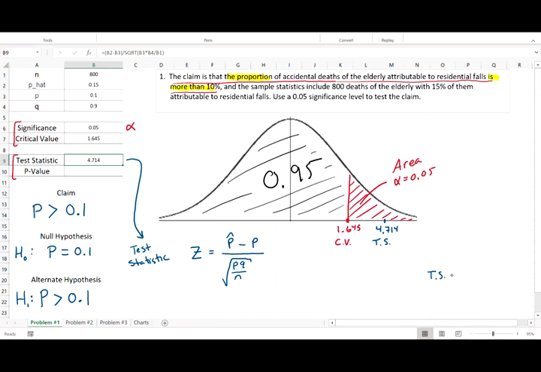Test statistic is greater than critical value, so reject the null hypothesis. Now, the other method is the p-value method, and the p-value is, in this case, the area outside of the test statistic. So this blue area is the p-value.